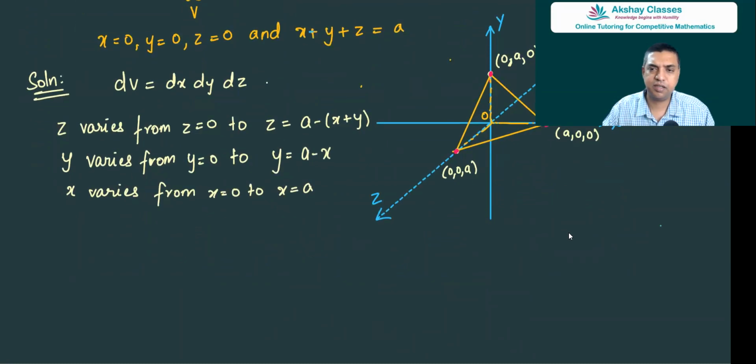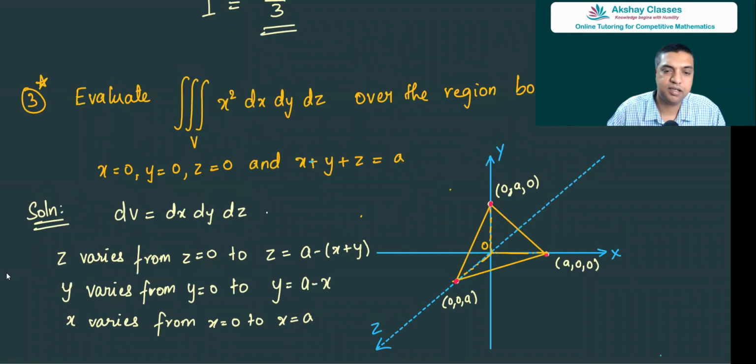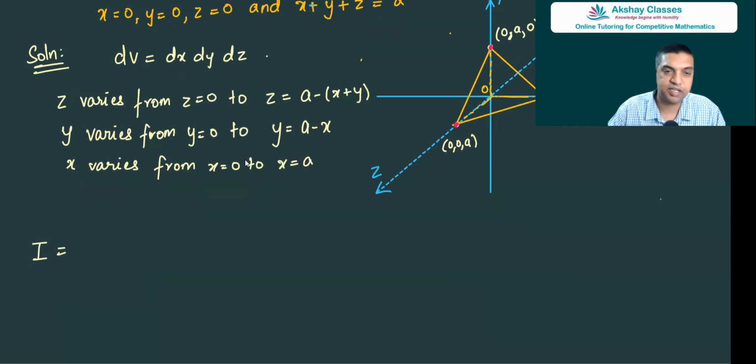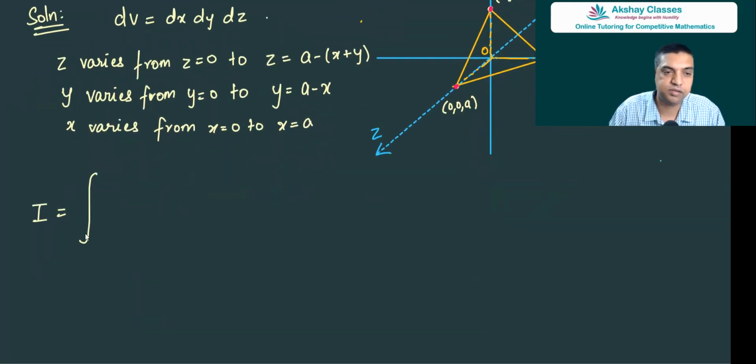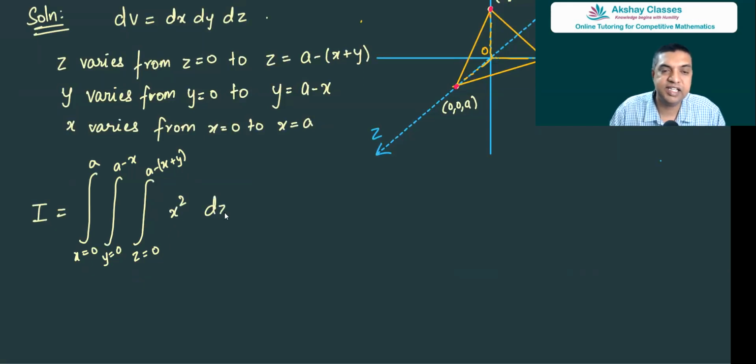Of course, let us evaluate and see how we get this. So we get this integral, of course x square times the integral: x varies from 0 to a, y varies from 0 to a minus x, z varies from 0 to a minus x plus y, x square dz dy dx.